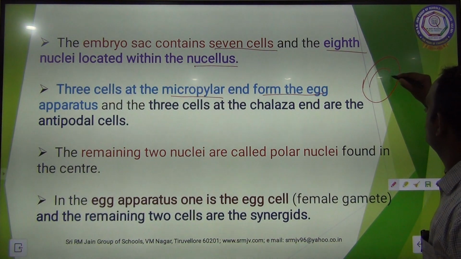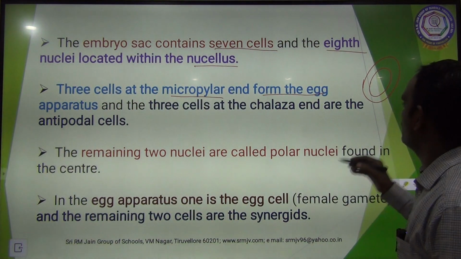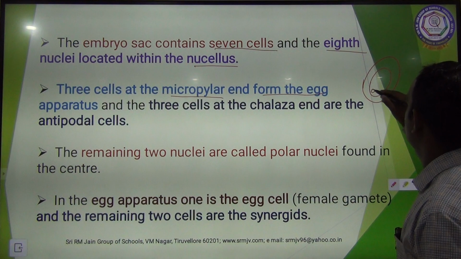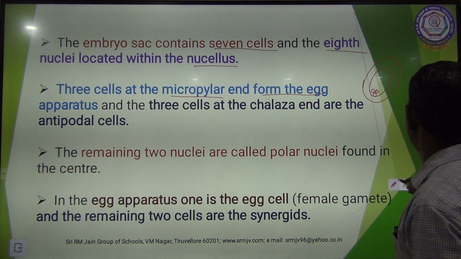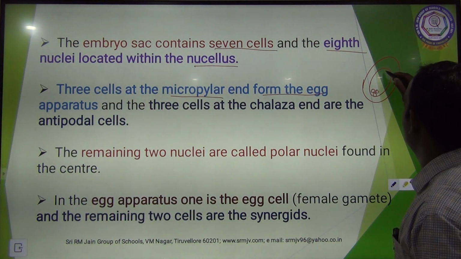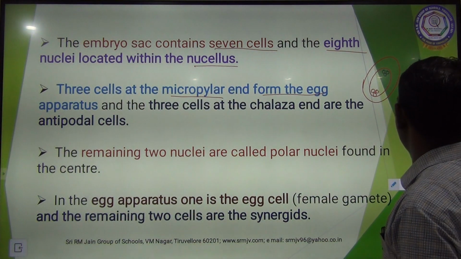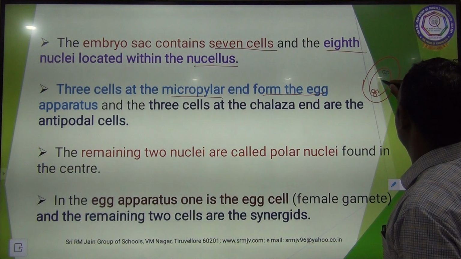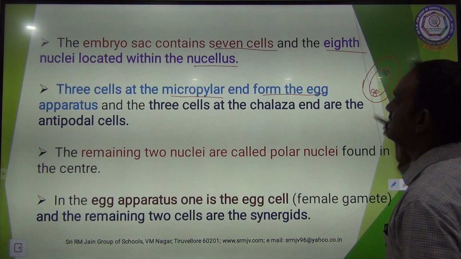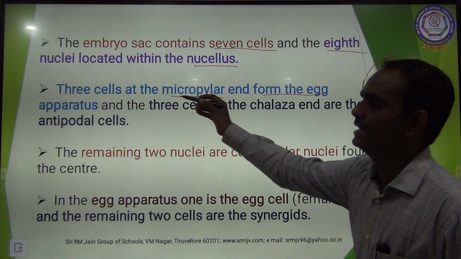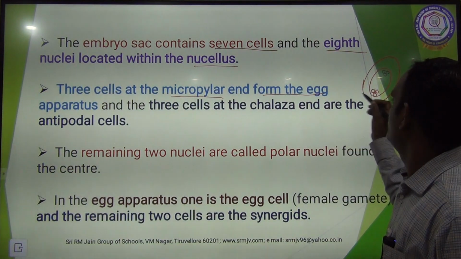Inside the nucellus, this is called the embryo sac, and this embryo sac contains these 3 cells at the micropylar end and 3 cells at the chalazal end, and in between that it has totally 8 nuclei. Okay, so 3 cells at the micropylar end form the egg apparatus.